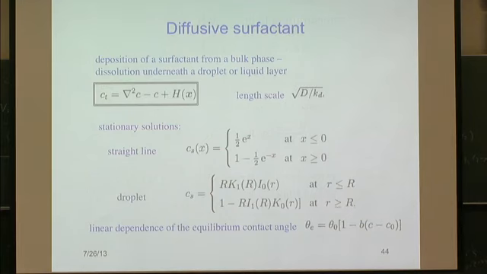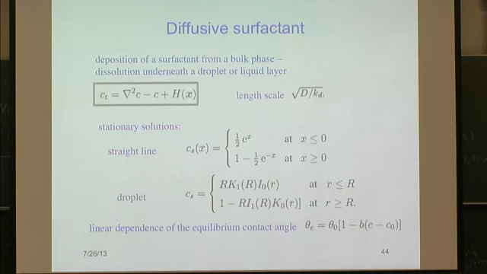Then this becomes more interesting when we have a dynamic equation. So if we take the same system that we were talking about with surfactant, then we can observe that there are also instabilities.